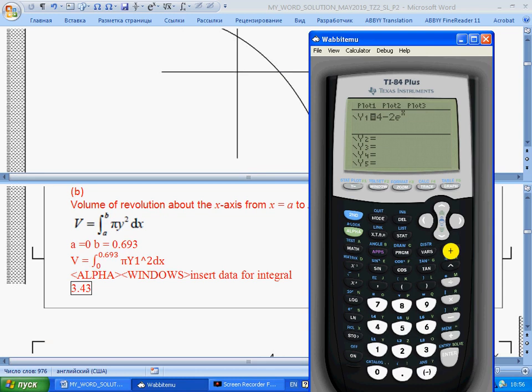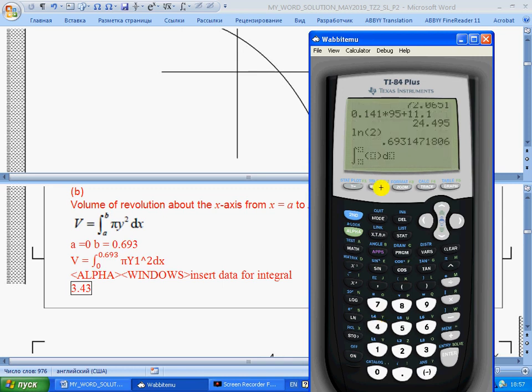So we go to second, quit, and now we use alpha. Alpha windows will give us the finite integral, so it is 4.